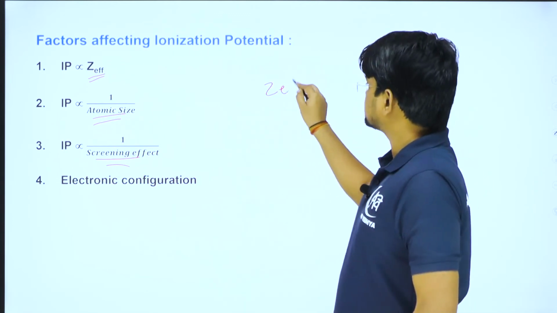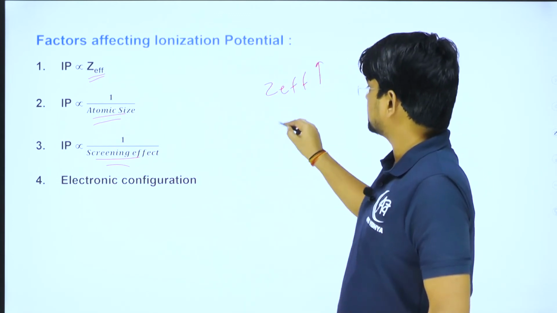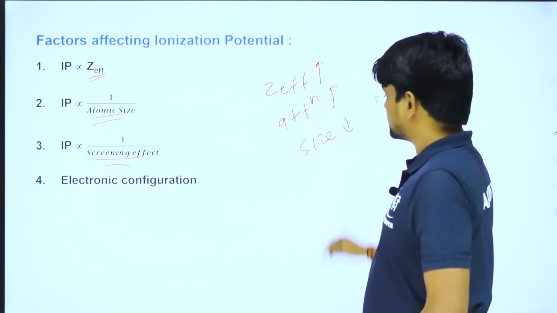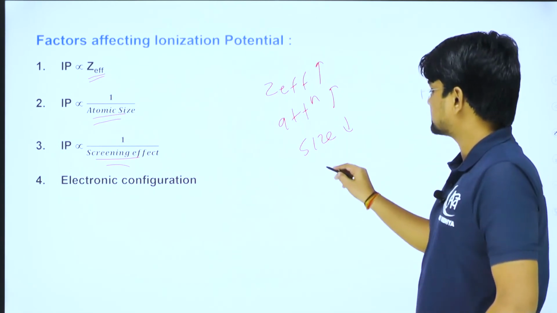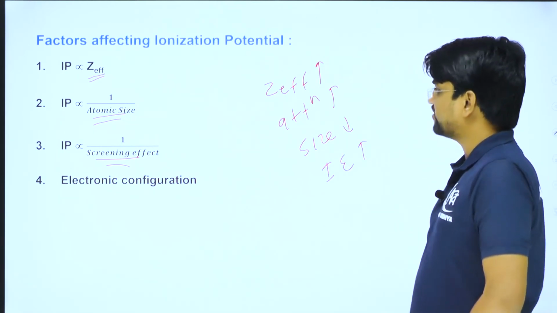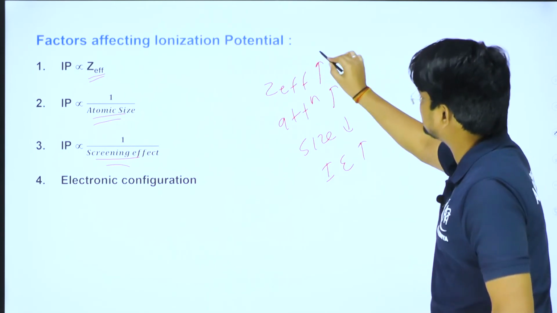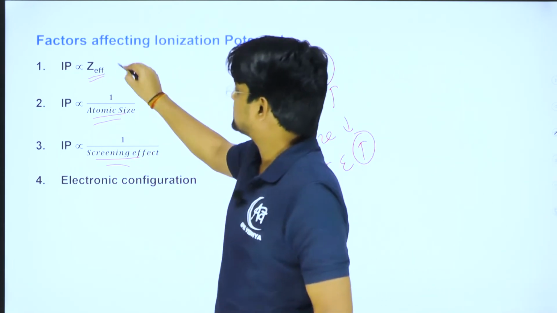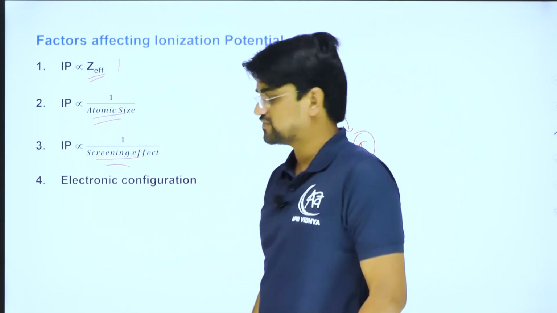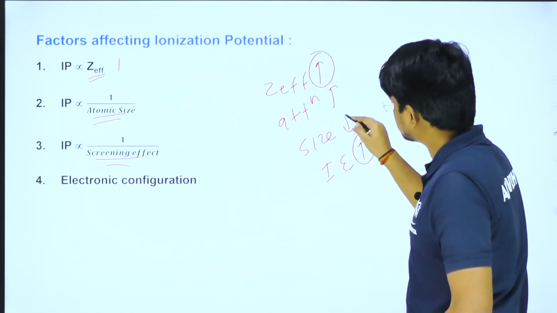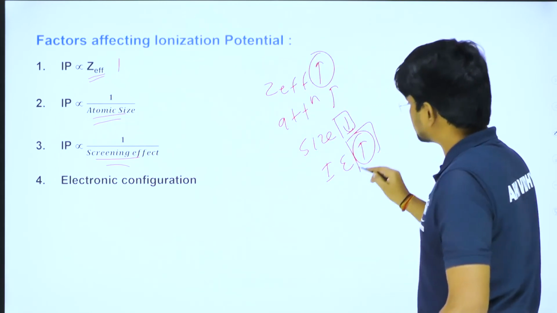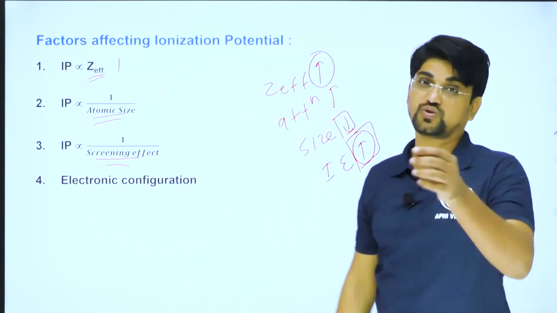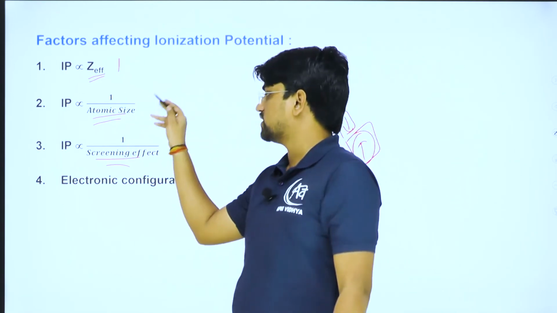You know, as the Z effective increases, attraction power increases, size decreases, and of course, smaller the size, higher the ionization energy. So you can see it, higher Z effective, higher ionization energy. Next, smaller the size, higher the ionization energy. One is higher, one is smaller, so you can see it is inversely proportional.